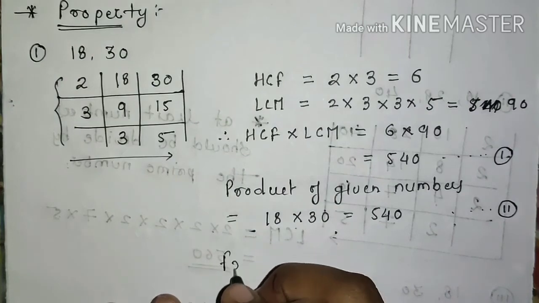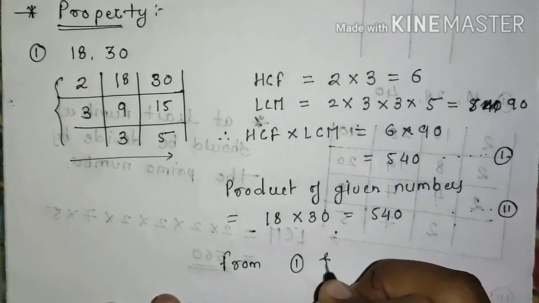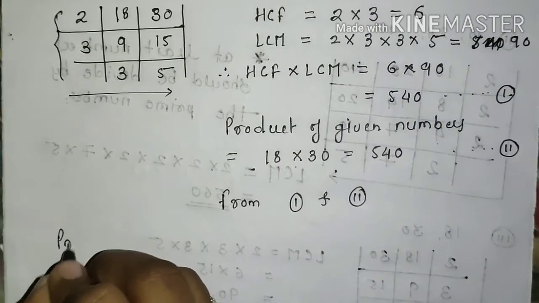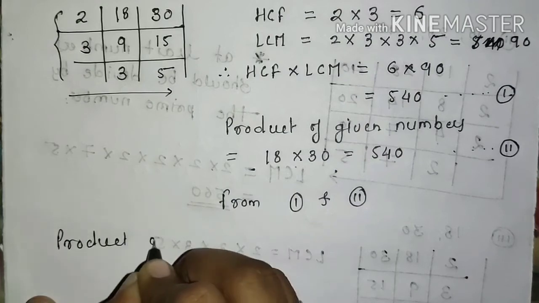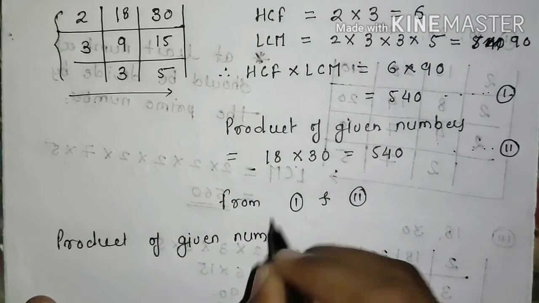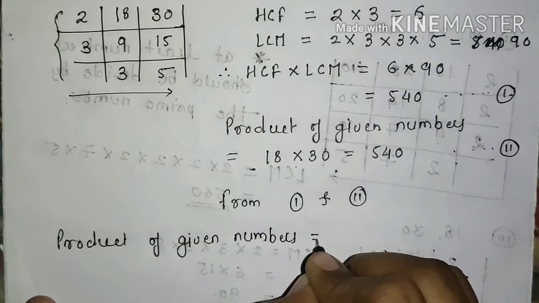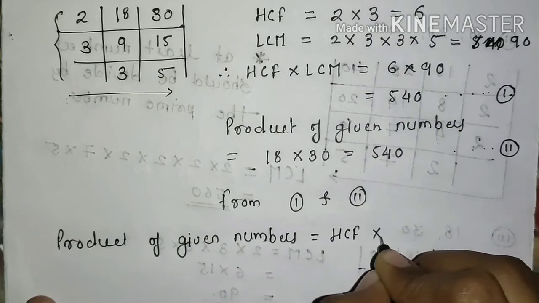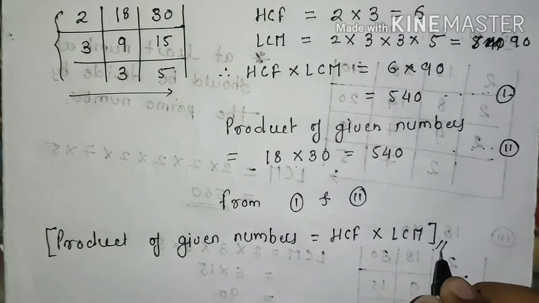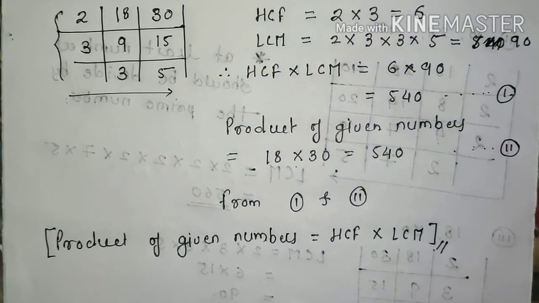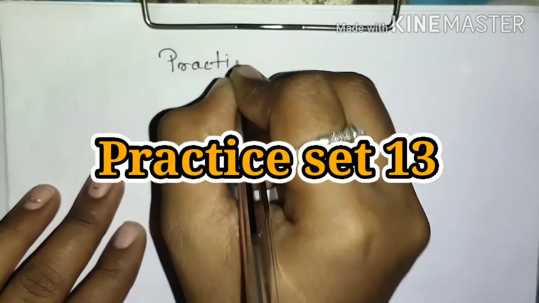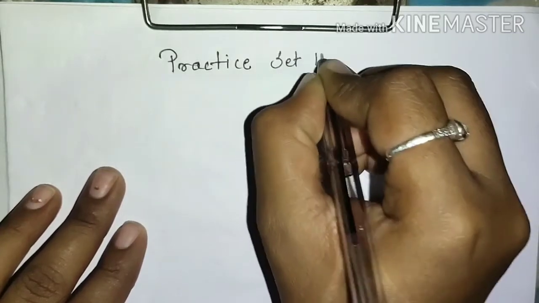That is, from 1 and 2 we get that the product of given numbers is equal to its HCF into LCM, and that is the property, and this property we have to use in the practice set 13. Let us start with the practice set 13.